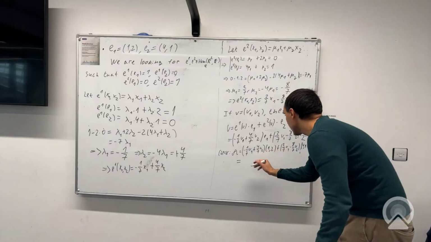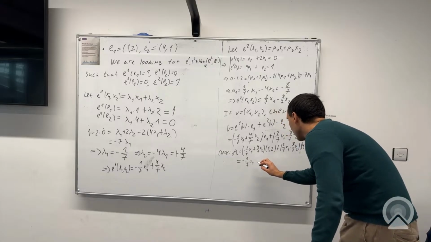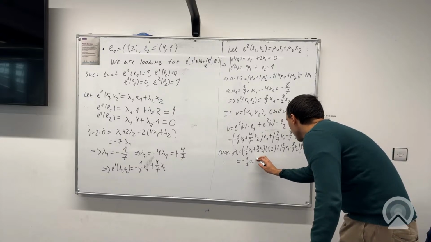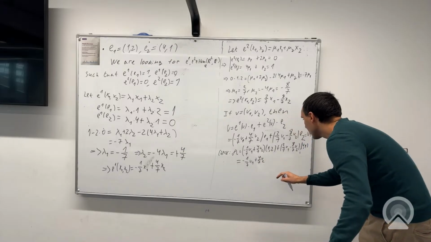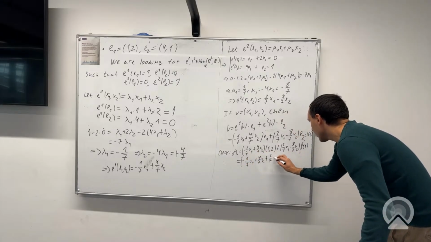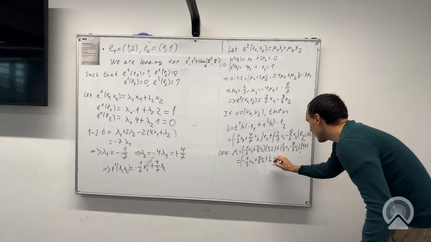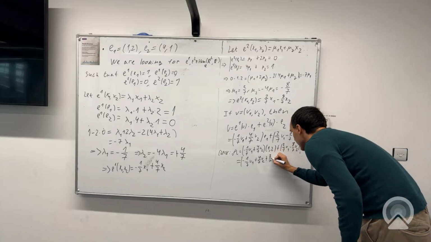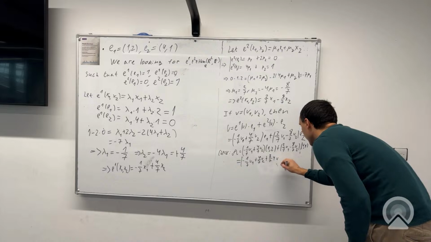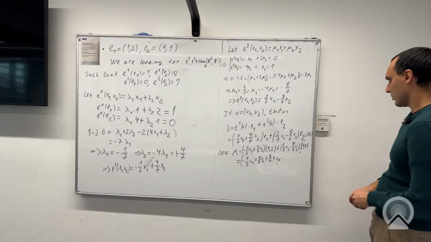So we get minus 1/7 v1 plus 4/7 v2, the first component, and this thing here, plus 2/7 times 4 v1 minus, this should be very big.